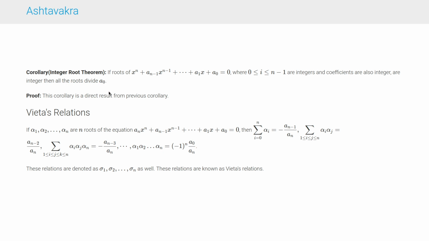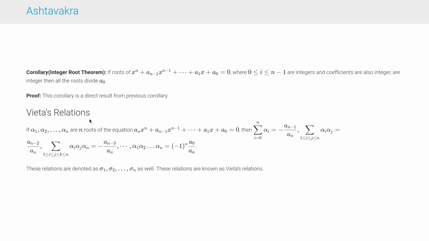This corollary is a direct result from the previous theorem which we have proven, where p by q is the root of the polynomial. Then similarly we can prove this for integer roots.